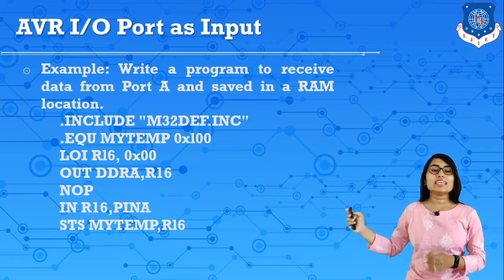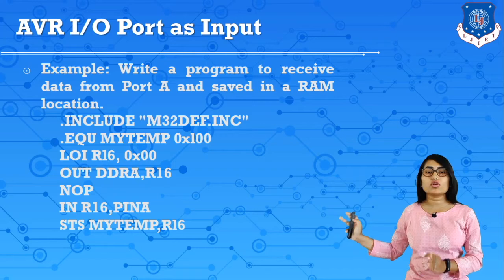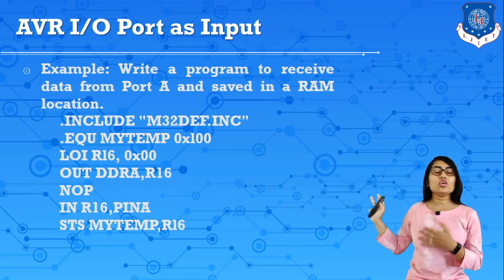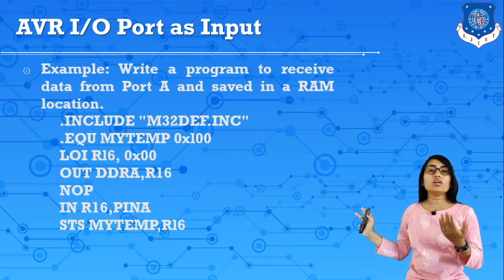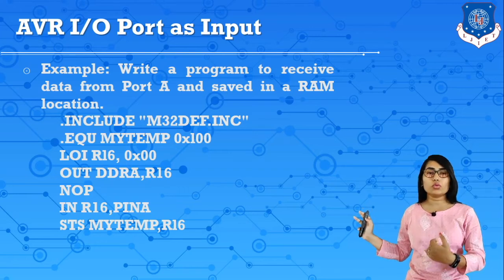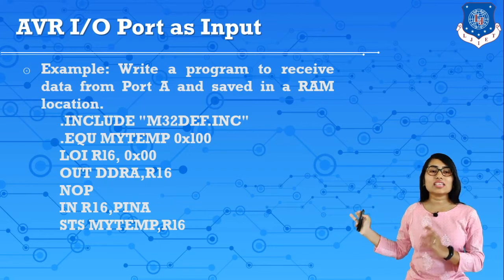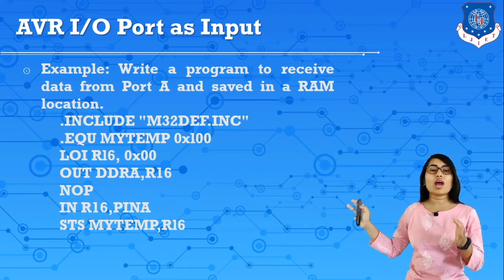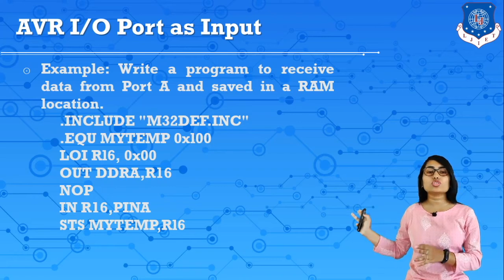Now LDI R16, 0x00, that means R16 equals 00, all bits are 0. This is used because we want to assign the port as an input, to receive data from port A. Now this R16 is put out on DDRA, so out DDRA, R16, that means DDRA equals 00, so port A is input.